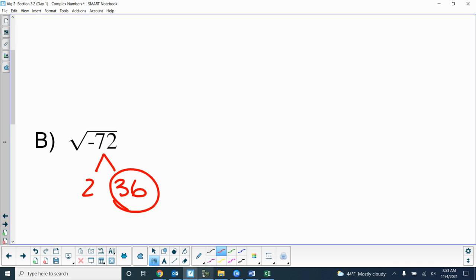So I'm pulling the 6 out and the i because it was negative. And then the 2's left under the radical sign. Okay? So it's just like we did with radicals on Monday, except we have that negative now. So i is part of our answer when we simplify it with our factor tree. Question?